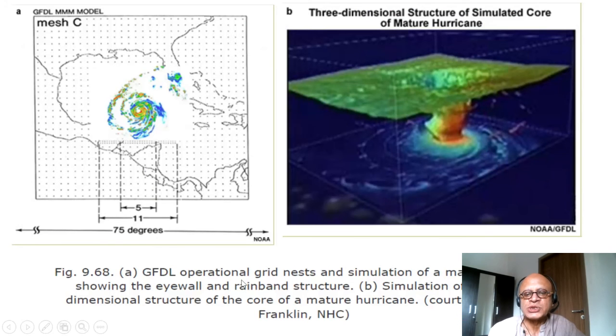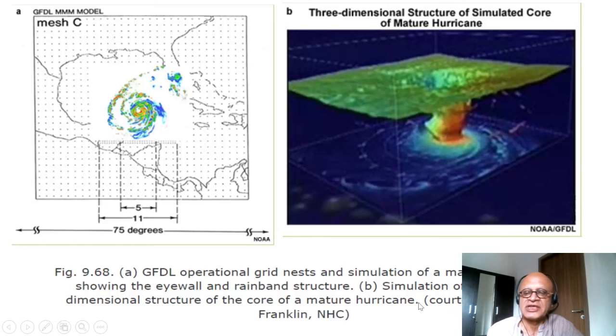Here is GFDL's operational grid nests and simulation of a mature hurricane showing the eye-wall rain band structure, and you can see that the outer domain is 75 degrees across, and the grid size here is 11 and 5, so the resolutions inside as you go nesting in can be high enough to resolve the core and the core dynamical processes explicitly, which in fact is very important for accurate forecasts.